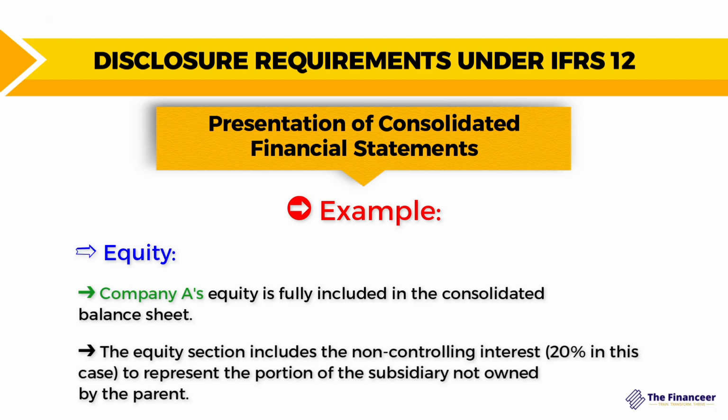And also don't forget to add the NCI as we explained, because you consider 100% of the assets and 100% of the liabilities, so you need to consider 20% as part of the shareholders' equity under the line item called non-controlling interest. And this 20% refers to the portion of the subsidiary not owned by the parent.